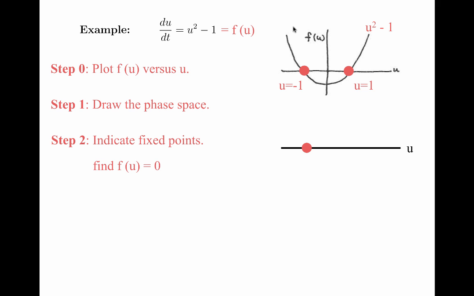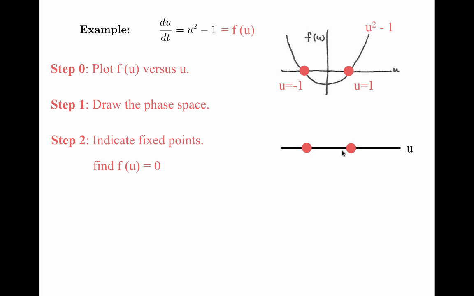The fixed point corresponds to the crossing of our function f and this horizontal axis. That's where f is 0, and we find here it's a value of u equals 1. Again, we can plug this in. Let's check it. If u equals 1, then in our differential equation, 1 squared is 1, minus 1 is 0. Good, we're at a fixed point where du dt is equal to 0, no longer changing. And again, let's indicate this fixed point in our phase space. So now we've drawn our two fixed points in the phase space.